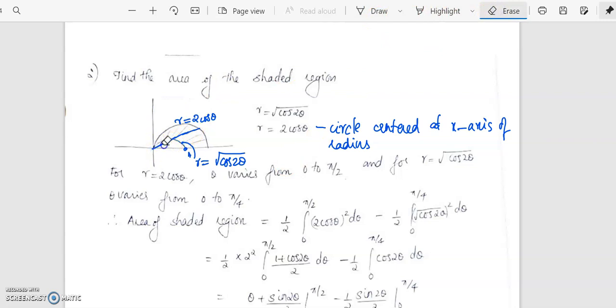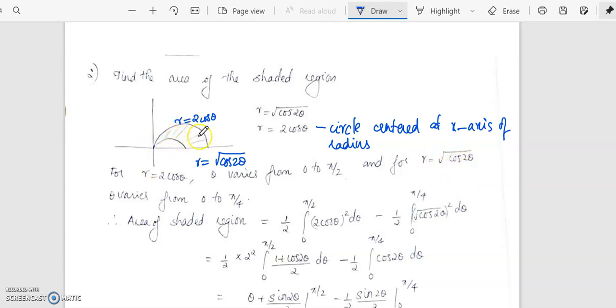We need to find the area of the shaded portion. Okay. So when theta varies from 0 to pi by 2, we get this semicircle. Okay, we get the area under the semicircle. Now from that we need to subtract this area under r equal to root of cos 2 theta.